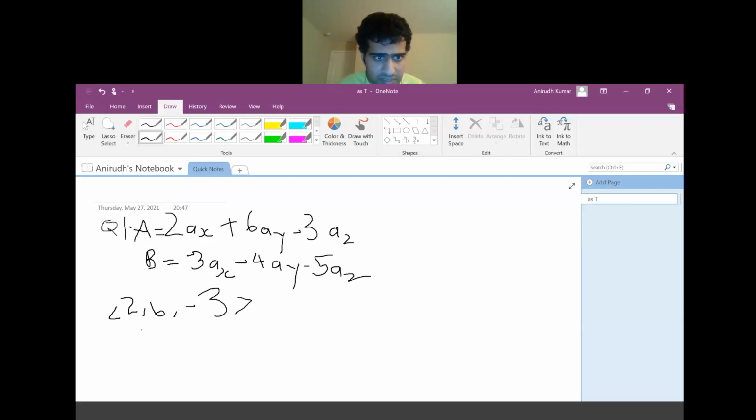You should be familiar with this as the x-coordinate, y-coordinate, and z-coordinate of a point. And I can express this as minus 3, minus 4, minus 5.